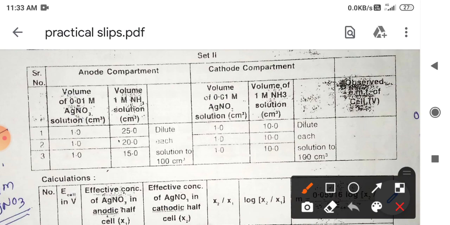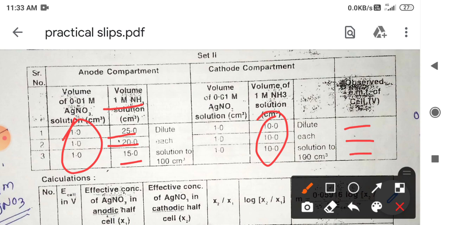Now in the second set we will vary the amount of ammonia solution. In the anodic compartment we have silver ions as 1 cm cube, that is 1 ml, in each mixture, but the volume of ammonia is first 25, then 20, and then 15, and in the cathode compartment it is kept constant, which is 10 ml each. We dilute that solution up to the mark in the amber color standard measuring flask and measure the EMF of this cell also.